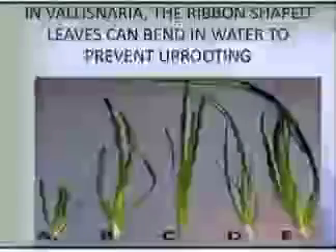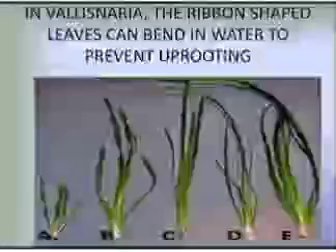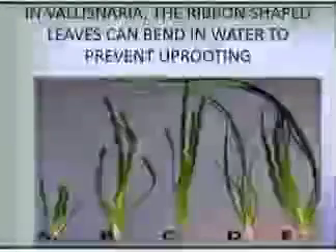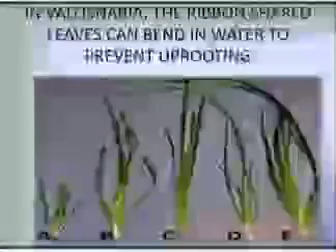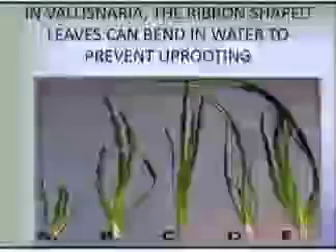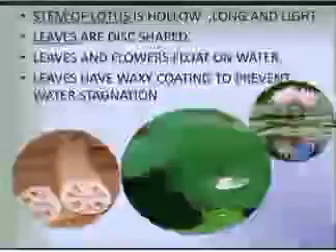Now here in Vallisneria, you can see that it has ribbon-shaped leaves which can bend easily in water to prevent uprooting. You may say this is another adaptation feature for the plants which are inside the water. Some other adaptation features in plants found in aquatic habitats: firstly, the stem of lotus is hollow, long and light.